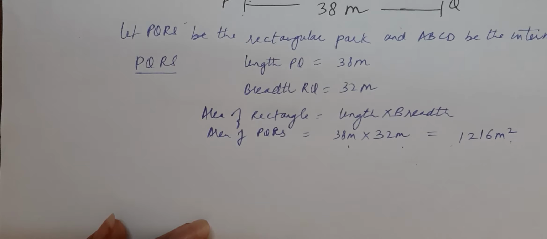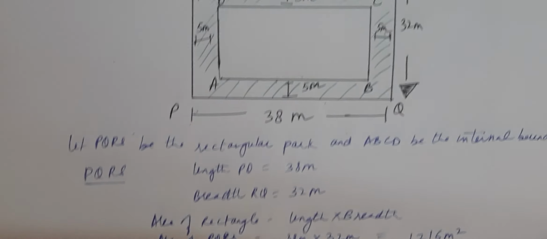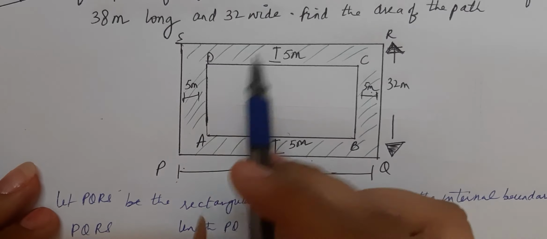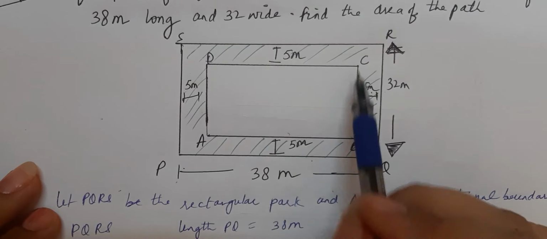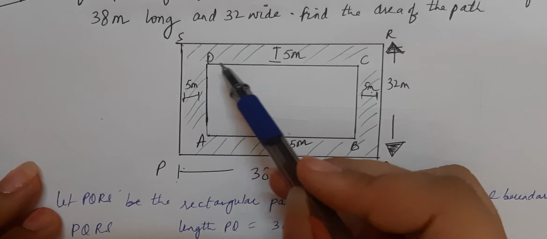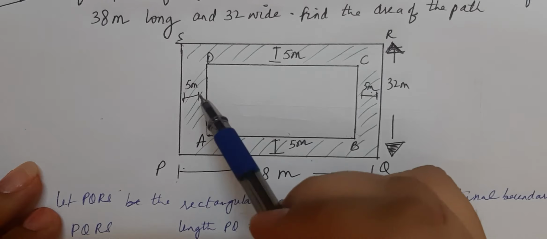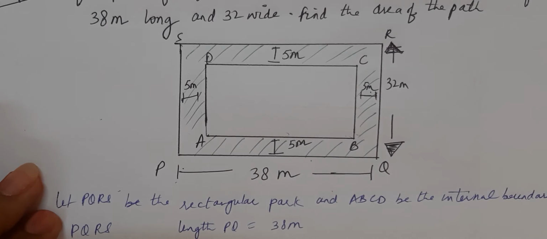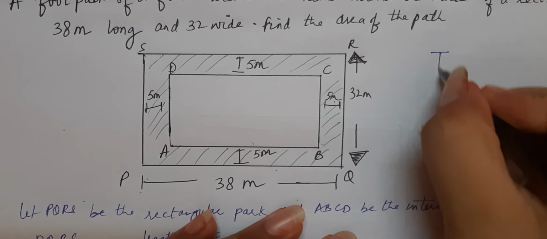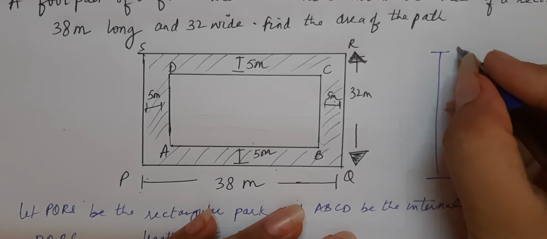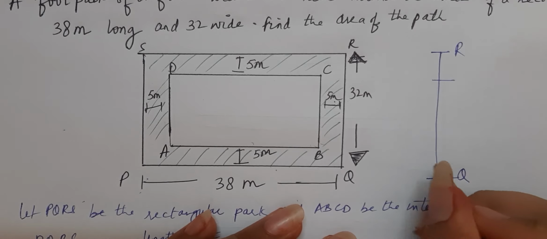Now I have to find the length of AB. The major portion, I have to find the area of the rectangle forming inside. So first of all, I should have AB and CB as the lengths, but I don't have them. So how will I find it? Let's take it here. This is full RQ, and this is CB.